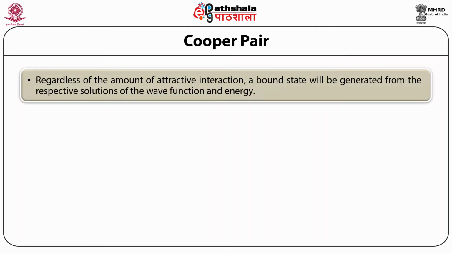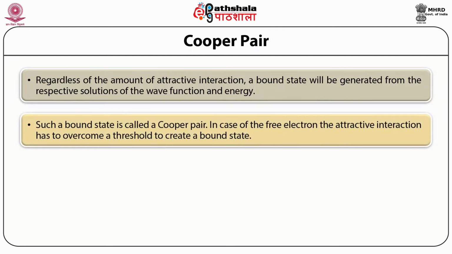Regardless of the strength of the attractive interaction, a bound state will be generated from the respective solutions of the wave function and energy. Such a bound state is called a Cooper pair. In the case of free electrons, the attractive interaction has to overcome a threshold to create a bound state.